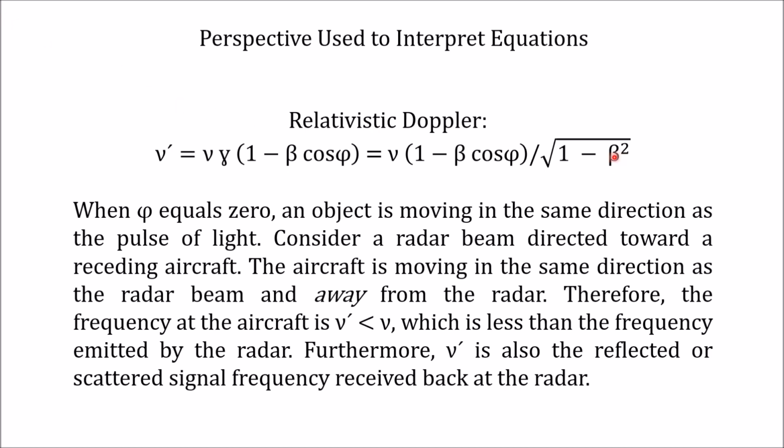So this is the general equation where an object with some velocity v, and beta is v over c, is moving at some angle phi with respect to the direction of propagation of radiation. If you look at it as a radar scenario, this is the angle that a moving object would make relative to the direction of propagation of a radar beam.